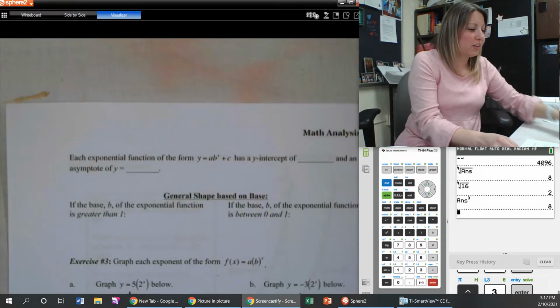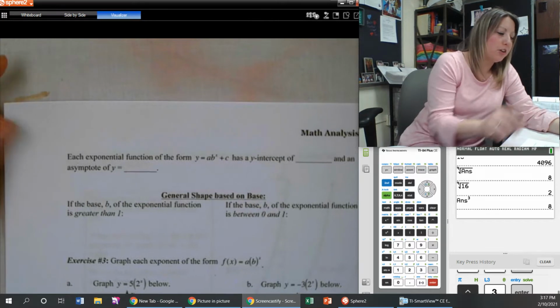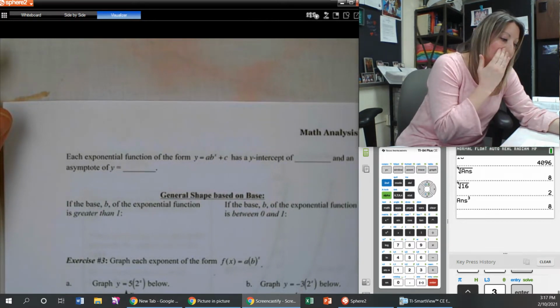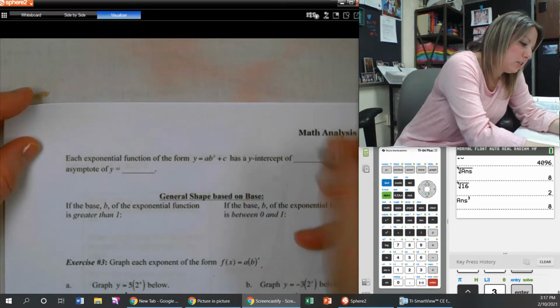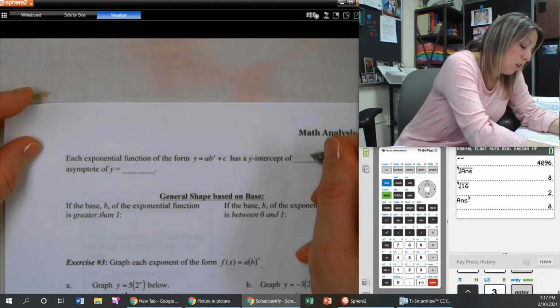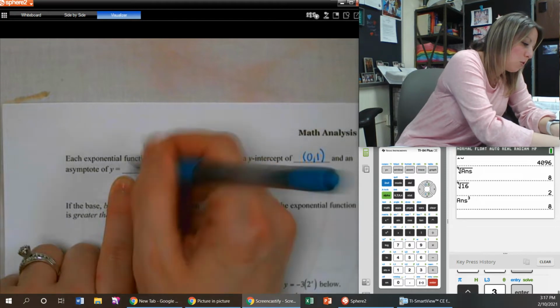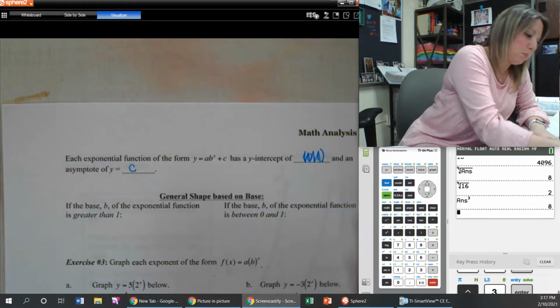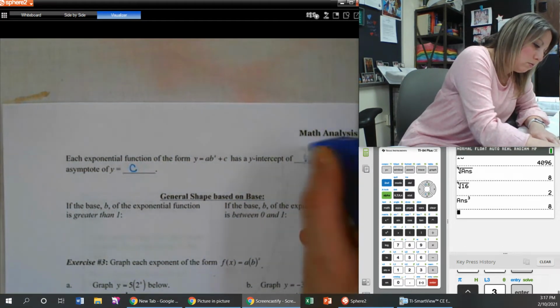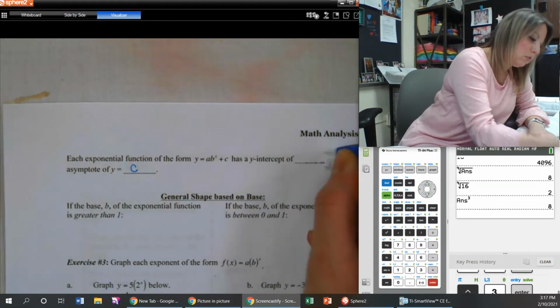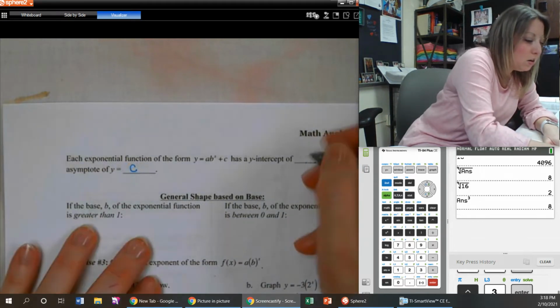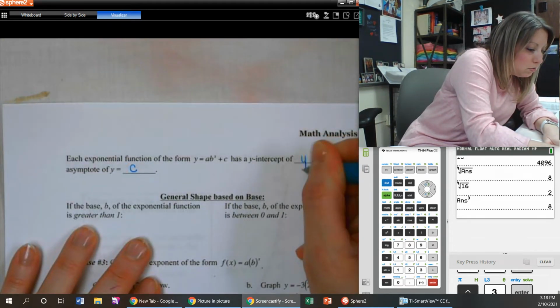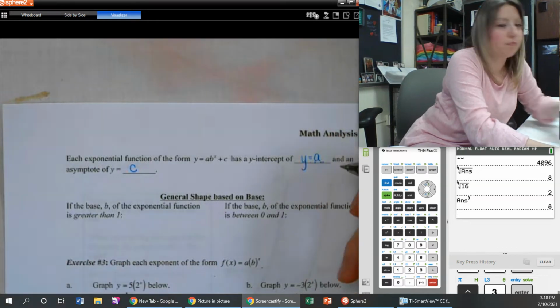So each exponential function of this form has a y-intercept of, well, 0, 1, and an asymptote of c, or 0 in this case. So hold on, let me change that because I'm looking at the form. There we go.